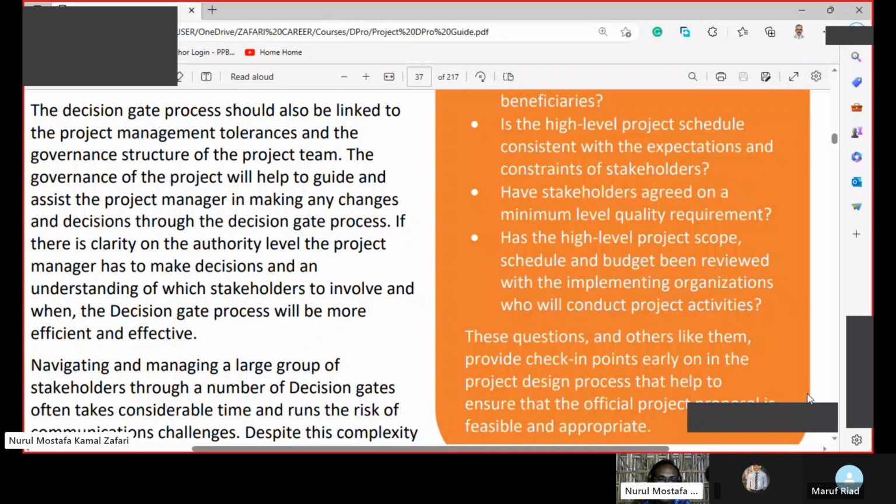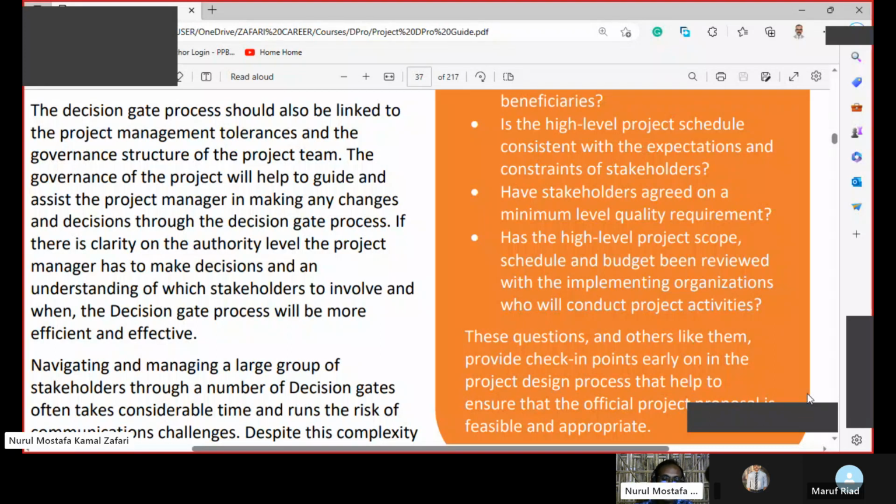The governance of the project will help to guide and assist the project manager in making any changes and decisions through the decision gate process. If there is clarity on the authority level the project manager has to make decisions and an understanding of which stakeholders to involve and when, the decision gate process will be more efficient and effective.